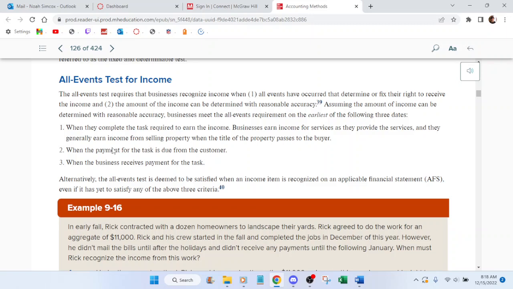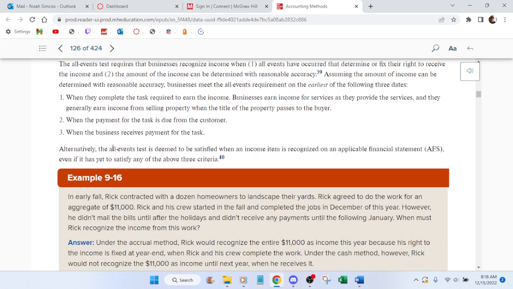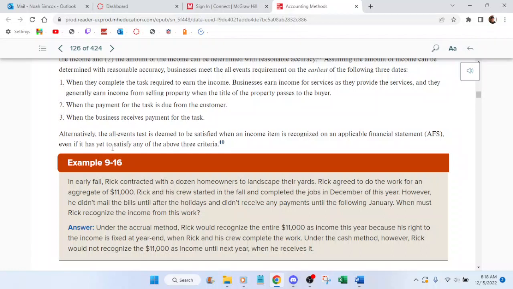Well, you must recognize income from the work in December, right? Yes, because his right to the income is fixed at year end when they completed the work. Under the cash method, you would not recognize that as income until next year when you receive it.